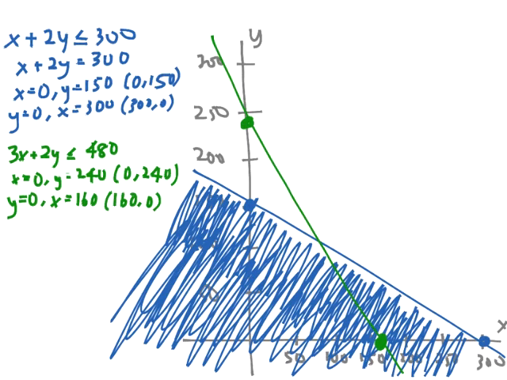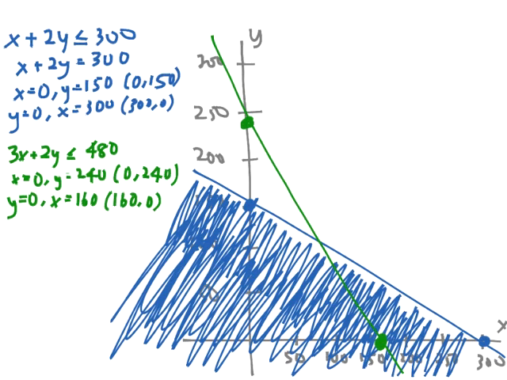The same thing, we need to identify which side fulfills the inequality. Let's say I take the same point, 0, 300, which is here. Now I want to know whether the right side of the green line fulfills the inequality or not. I substitute 0, 300 into the second inequality. So 3 multiplied by 0 is 0, 2 multiplied by 300 is 600. So 600 is not less than 480, it's bigger.